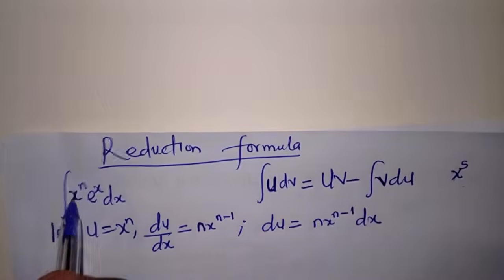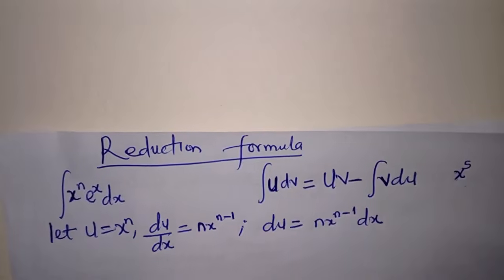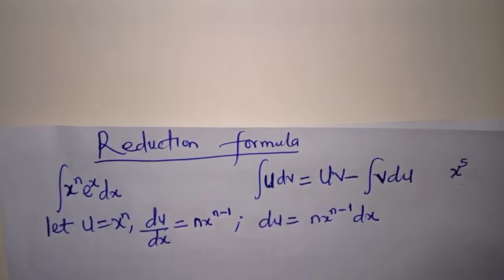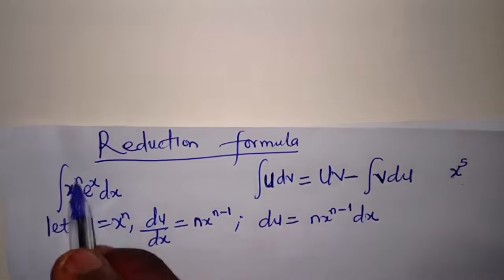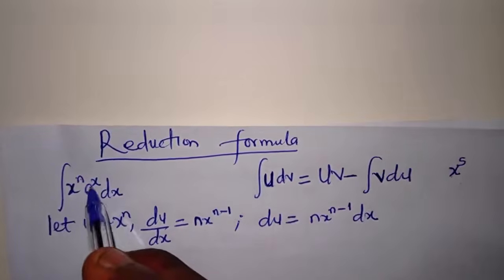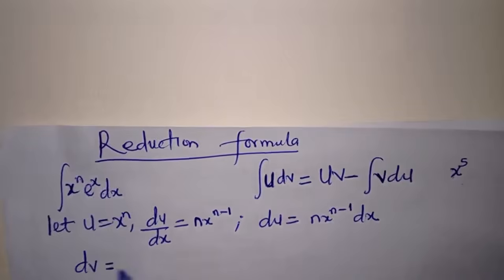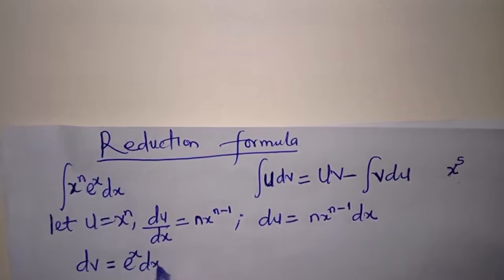Now, we have chosen this as u. We now choose the other part of it, which is e to the power of x dx, as dv. So let dv be equal to e to the x dx.